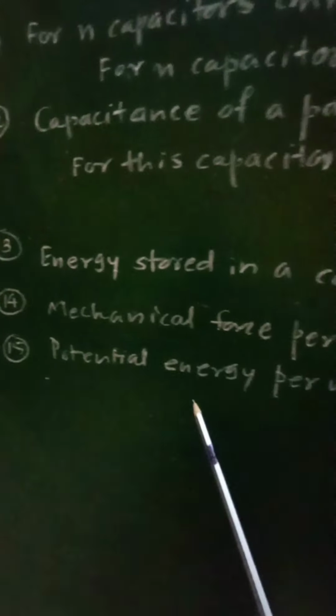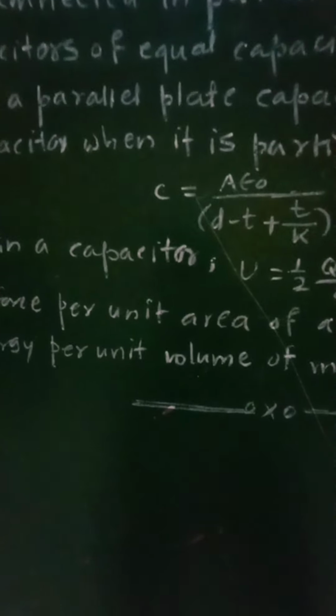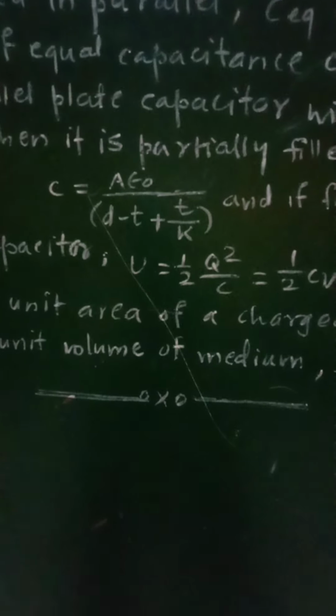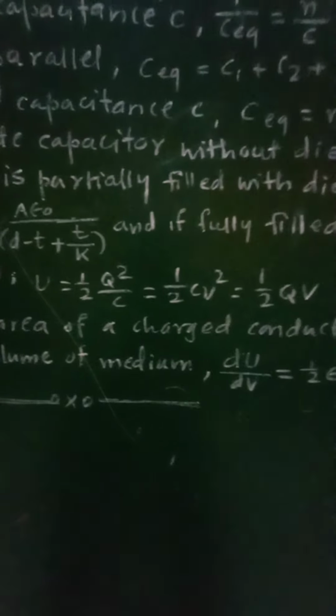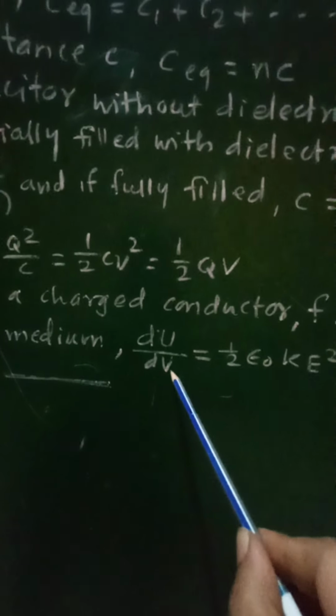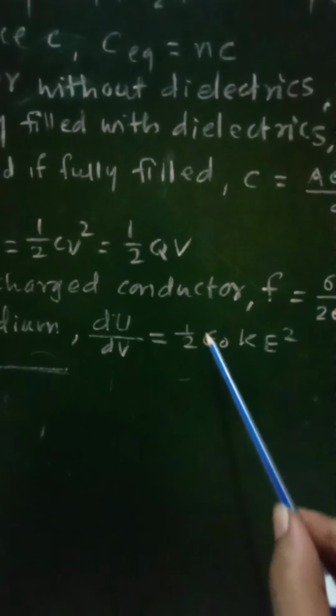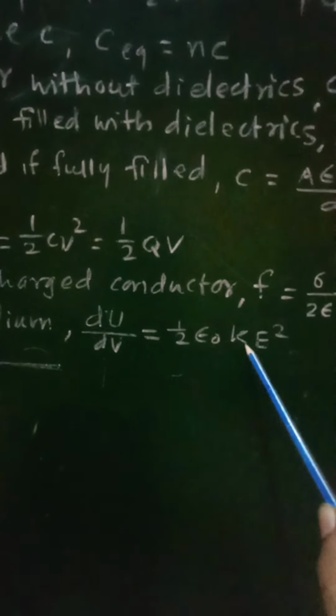Similarly, the 15th formula gives the potential energy per unit volume of the medium, which is also called the energy density of the medium, that is dU by dV. It will again be equal to half epsilon 0 K E square.